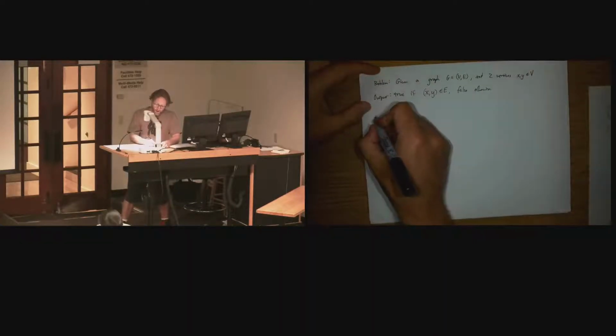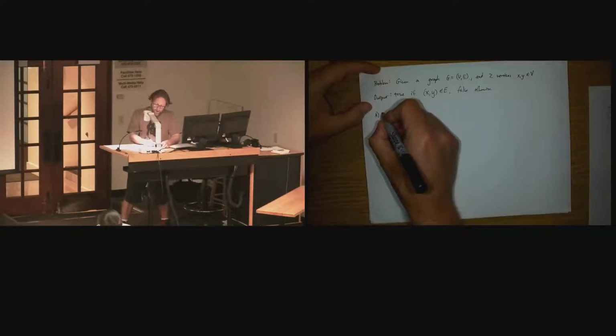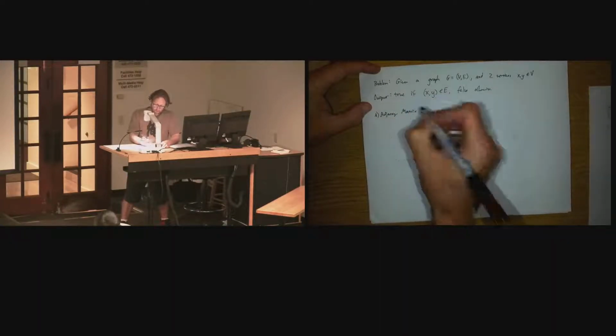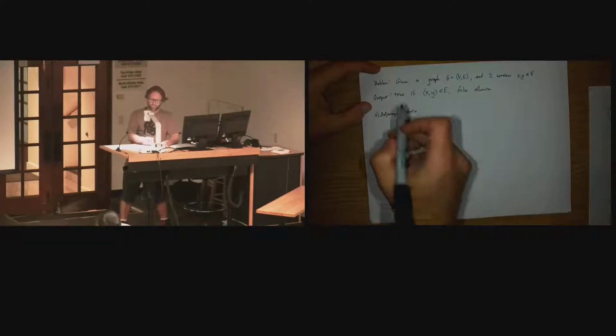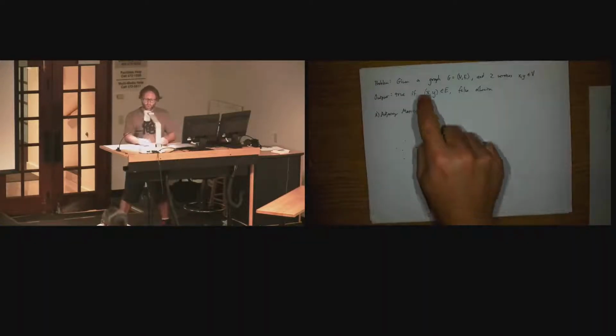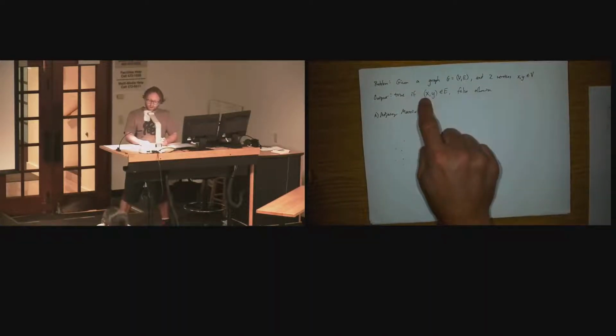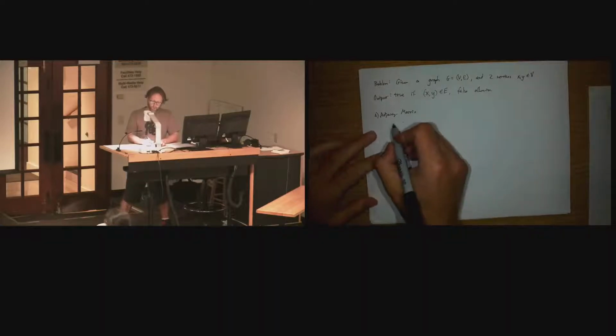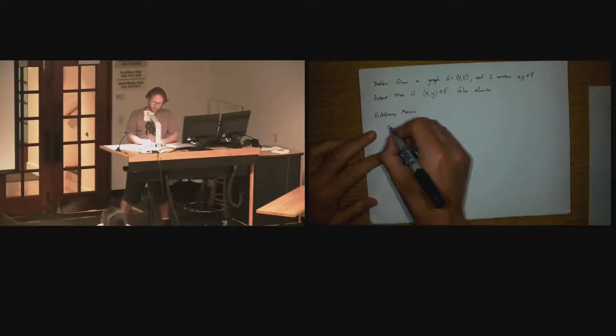So here's solution A. Suppose that we use an adjacency matrix. And we'll write pseudocode, input graph G and 2 vertices X and Y, output true if blah, blah, blah. In other words, this thing up here, I'm not going to write it down again. All right? So an adjacency matrix. How do we answer that X and Y are connected if it's an adjacency matrix?